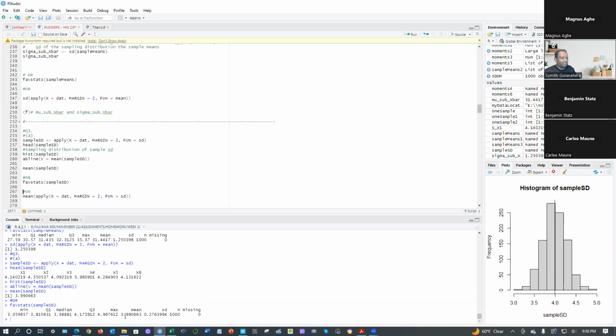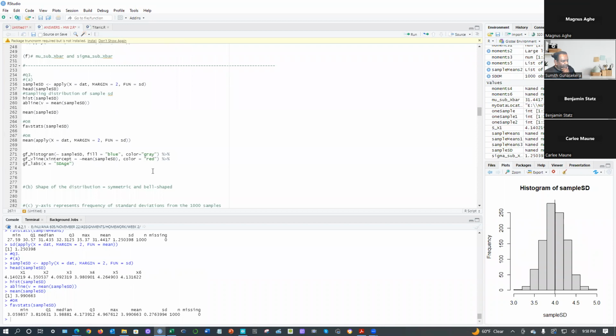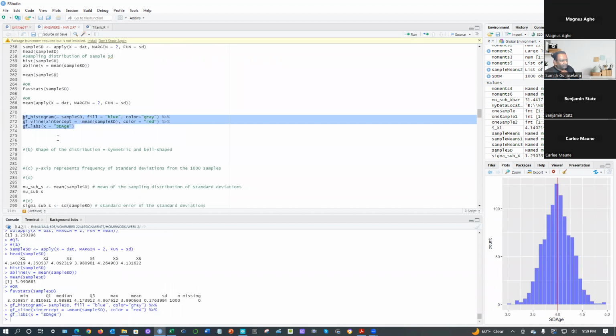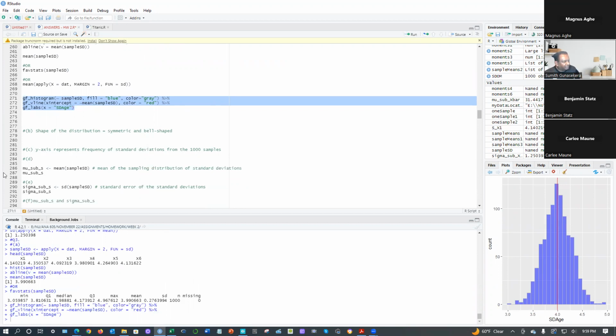That's what we're doing over here. Or you can do it this way, the same thing. The shape is symmetric. This represents the standard deviations from the 1000 samples.